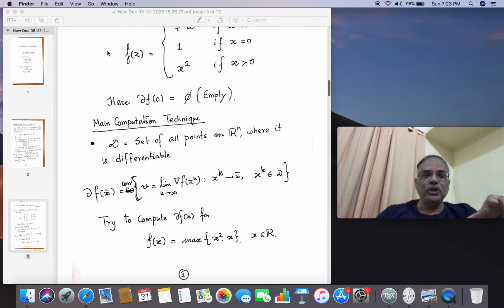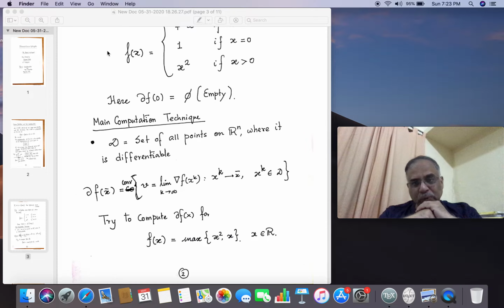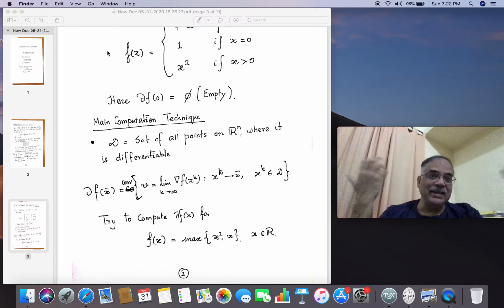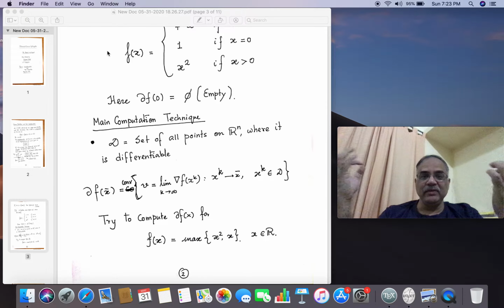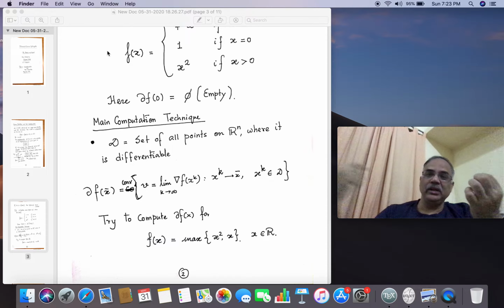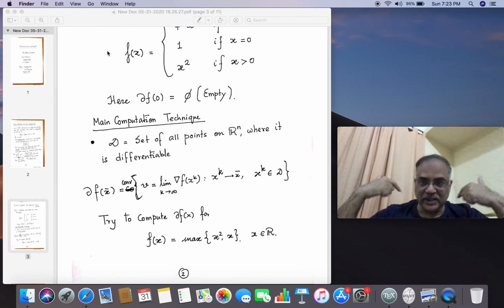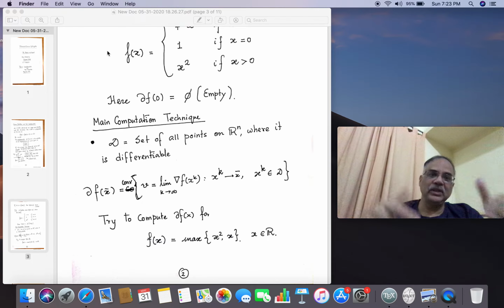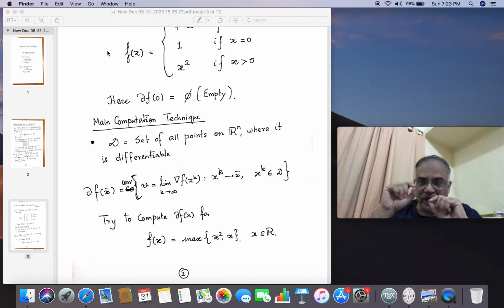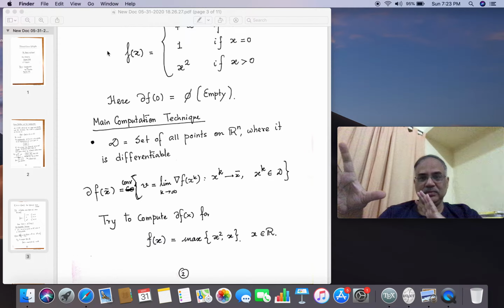Now this is a computation technique which I had already told you in the last lecture, that the easy way to compute the subdifferential is to look at a given x bar, take a neighborhood around it and look at all the sequences xk which are coming towards it, and only look at those points of xk which are differentiable, that is there in D, and calculate the gradient at those points, and then look at the limit of those gradients.